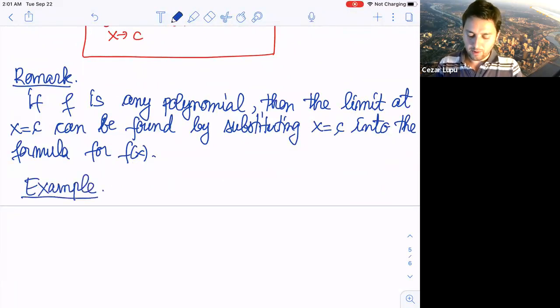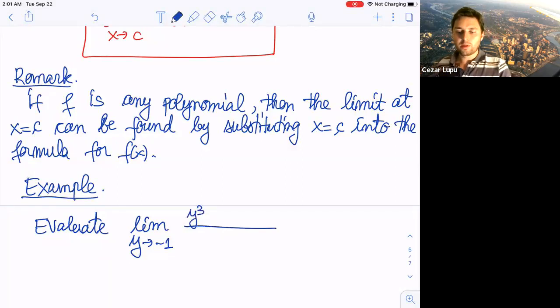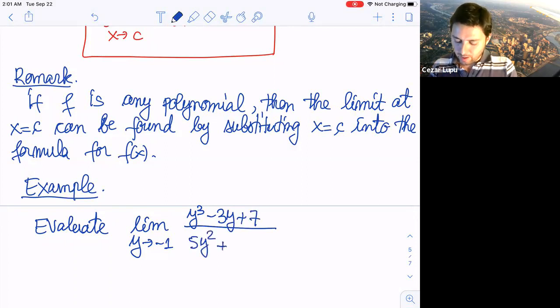I don't remember the number, but anyway, it doesn't really matter. So we want to evaluate the limit as y approaches -1 of the following fraction: y cubed minus 3y plus 7, everything over 5y squared plus 9y plus 6.